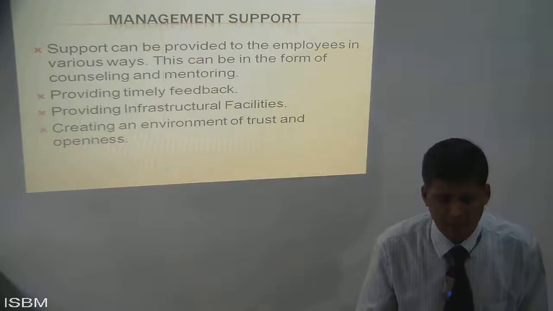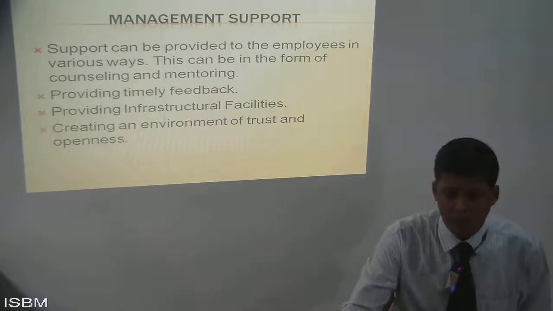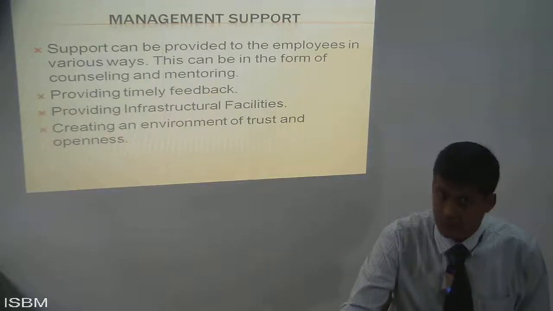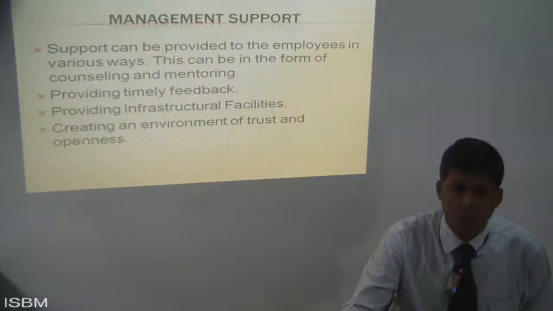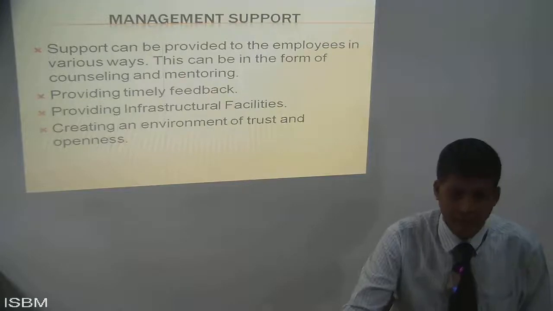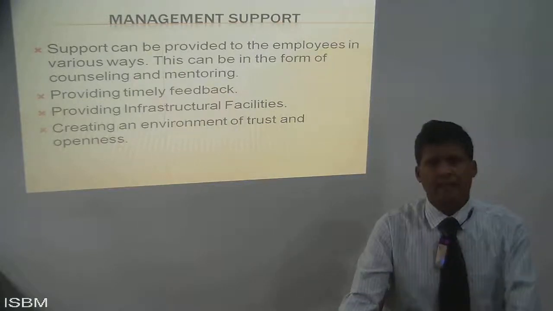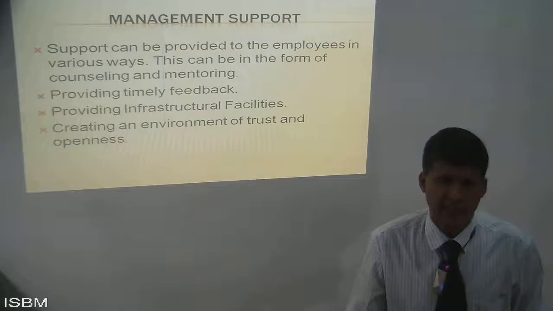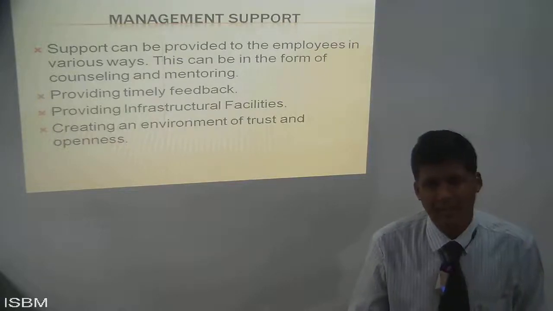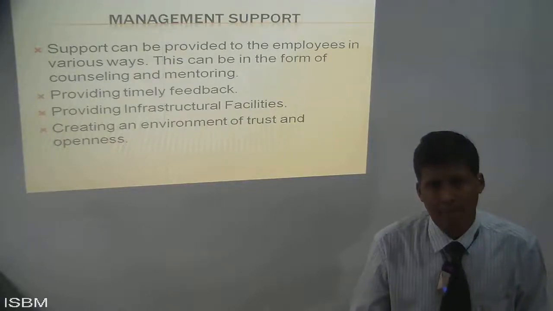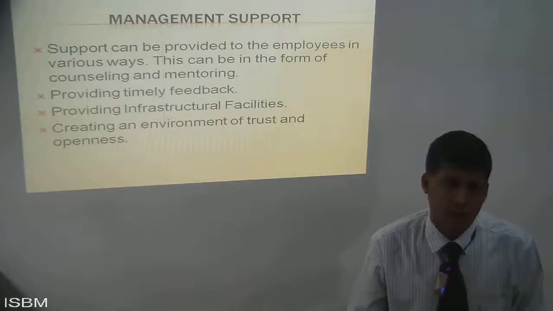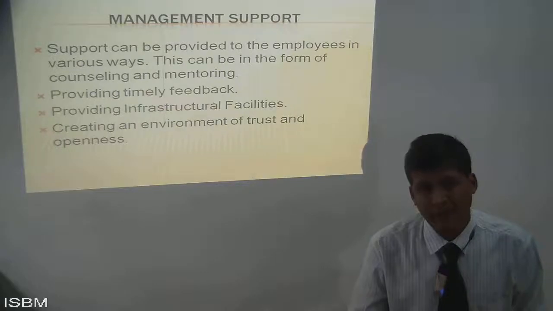When we speak of management support, it's about support that can be provided to the employees in various ways. Now this can be in the form of counseling and mentoring, providing timely feedback. Now, this is one area, especially in Indian or Asian organizations, where giving feedback is coming up very thick and fast.